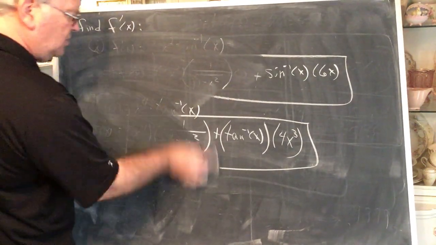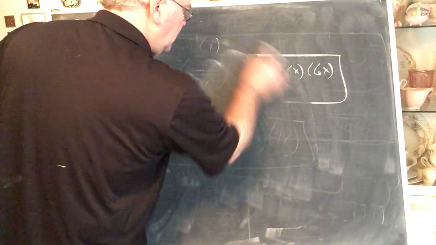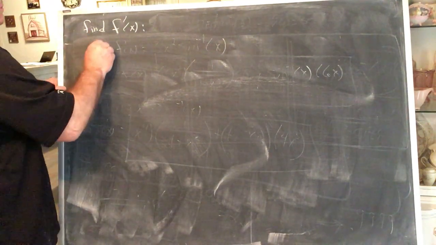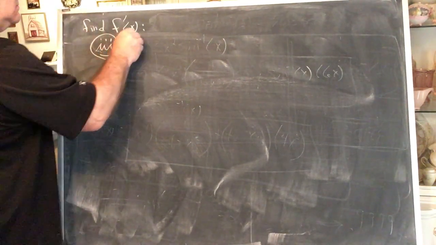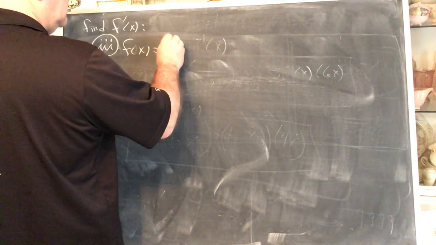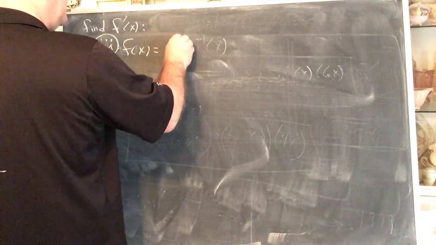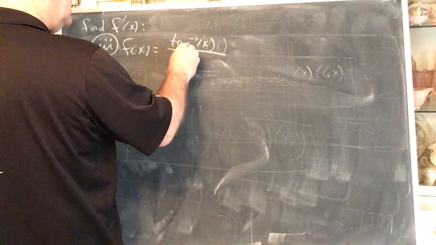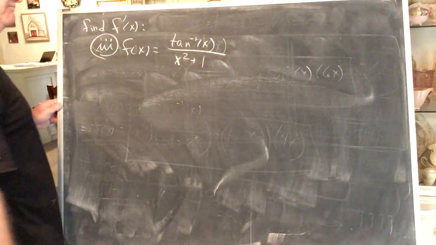Do we know how to play quotient rule? Yeah, I think we know how to play quotient rule. Suppose we have tangent inverse of x over x squared plus 1.